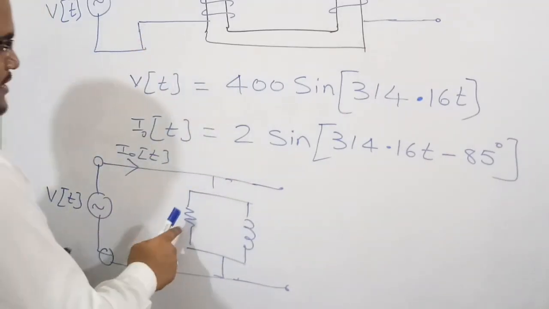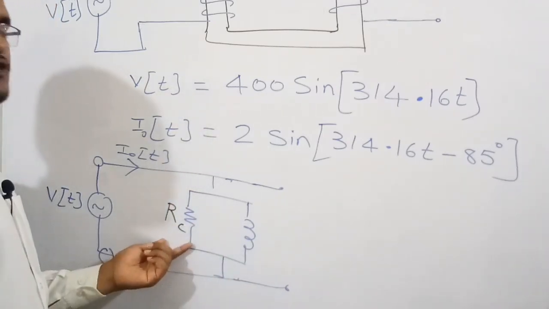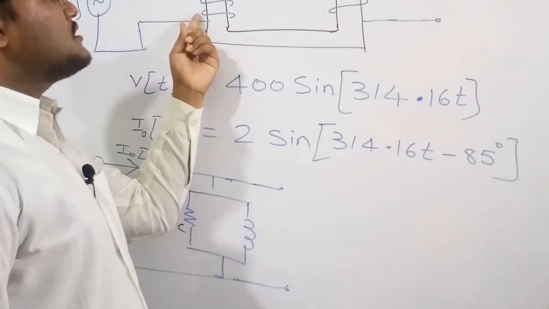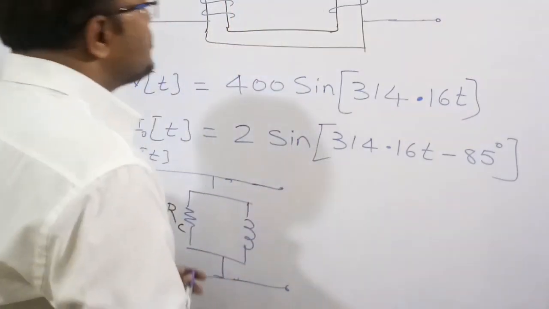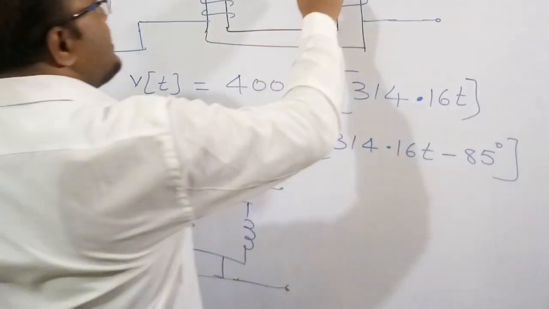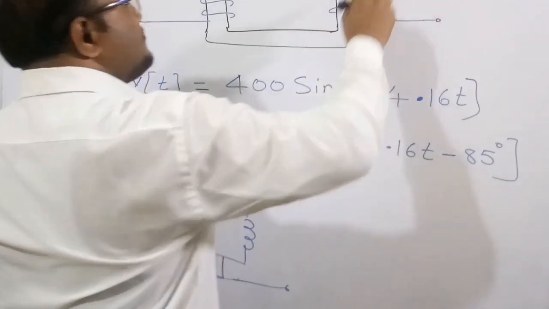This resistance is called RC, the core loss resistance. Because there is a current flowing, there is a flux in the core. Because this flux is flowing in the core, there are two losses, which are hysteresis losses and eddy current losses.